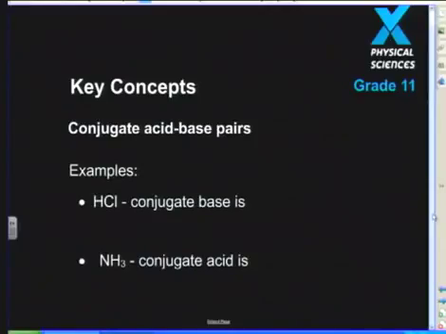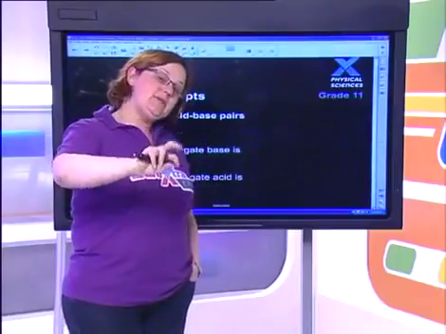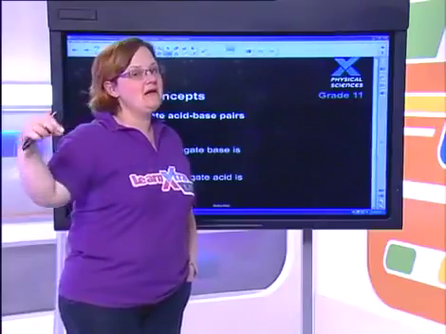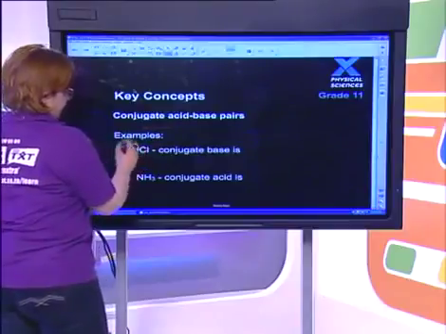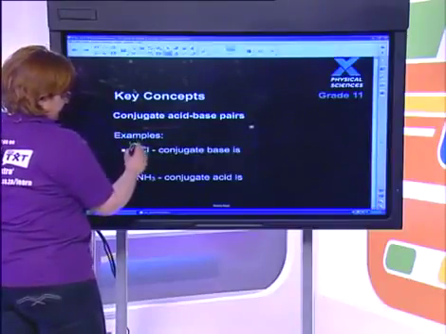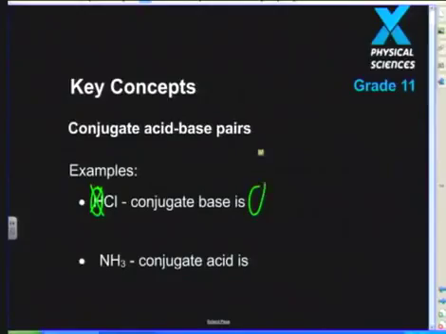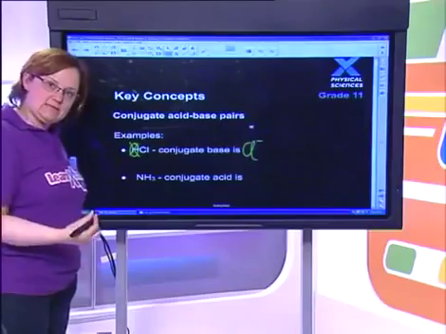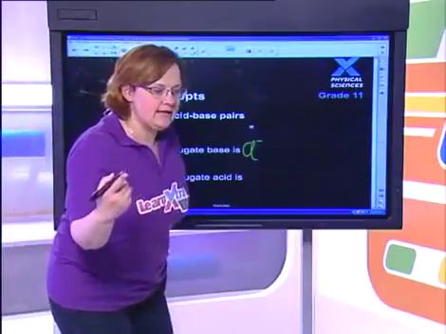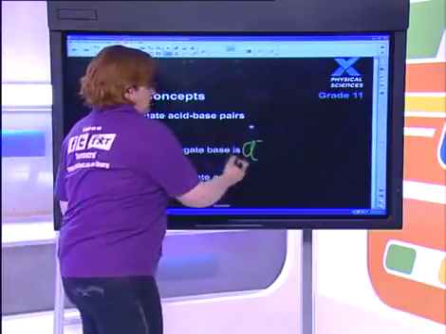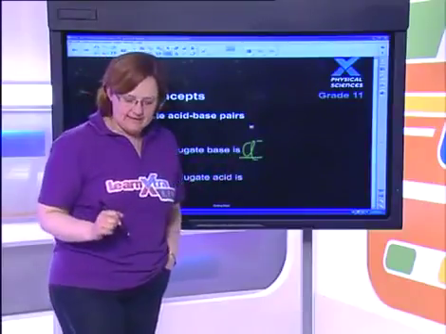An acid, when it gives away its hydrogen, is now in a position to accept a hydrogen, so it becomes a base. So when HCl, for example, gives away its hydrogen, that hydrogen disappears, and what we're left with is Cl minus. Cl minus is its conjugate base. HCl is an acid, but it gives away its hydrogen, proton donor, becomes Cl minus.